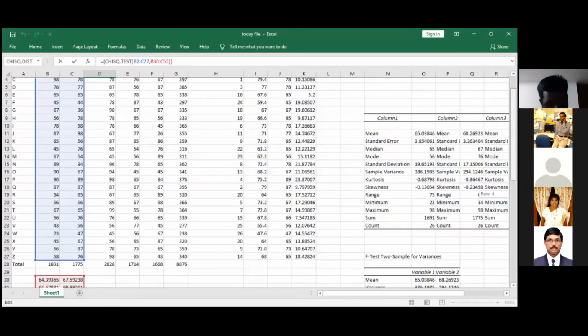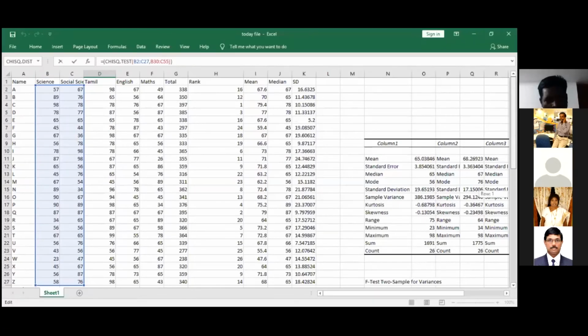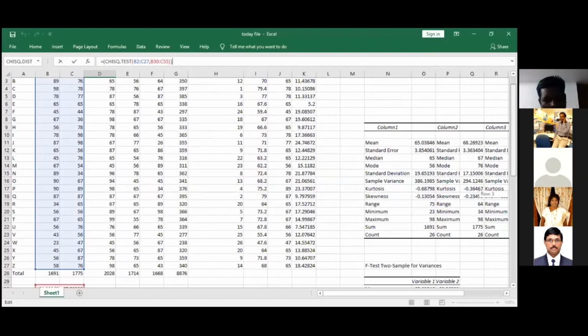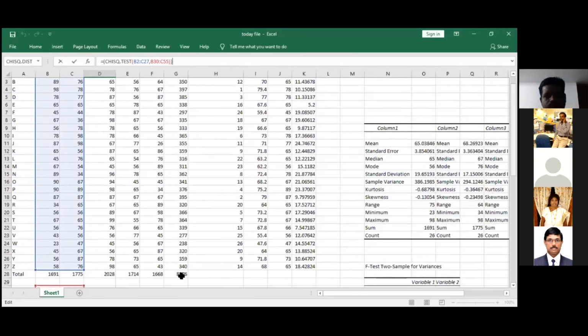For the column total and row total: column total into row total divided by the overall total gives the result.